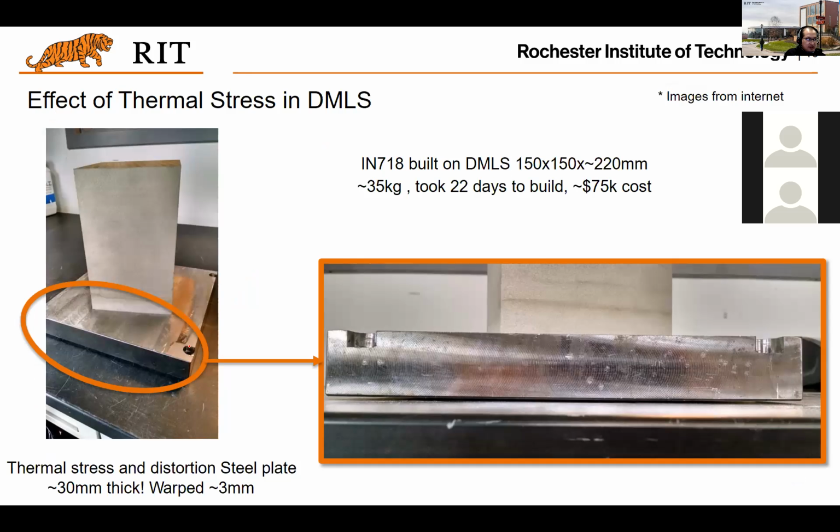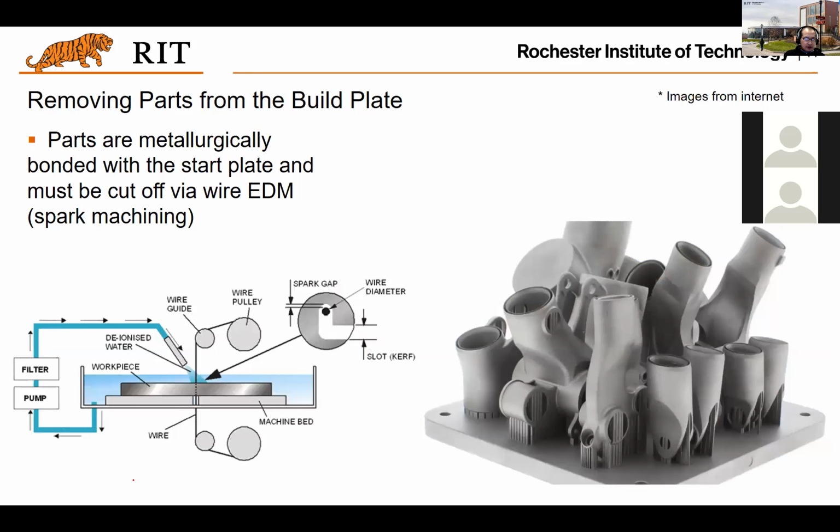So let's look at the effect of thermal stress. As you can see here, this surface is supposed to be a plane, but there's a bending, right? That is an example of the thermal stress in the process. You might be interested in how the parts are removed from this platform.